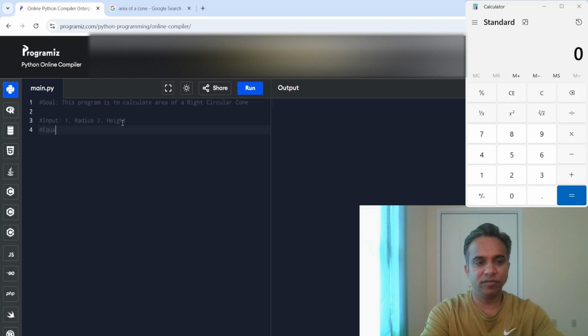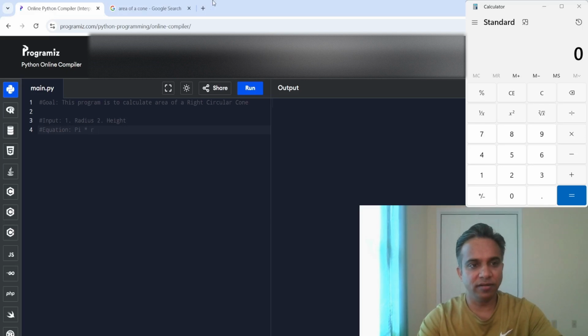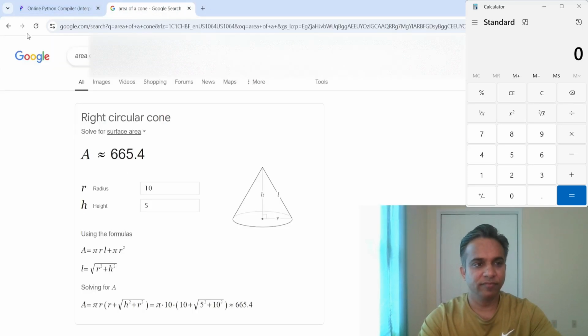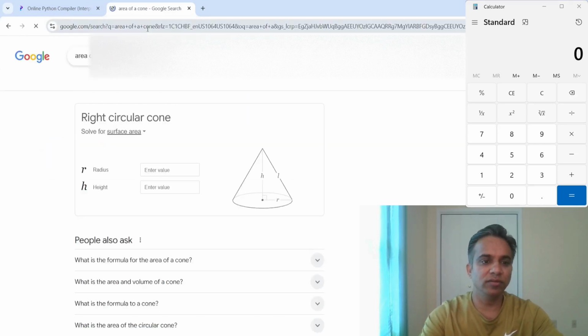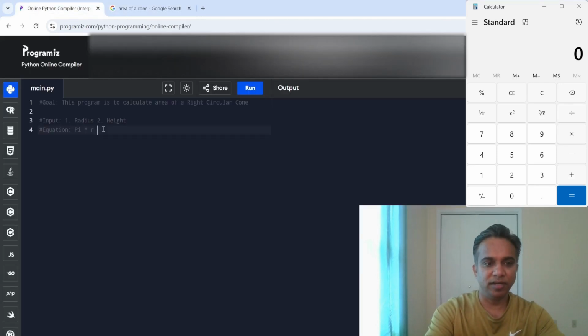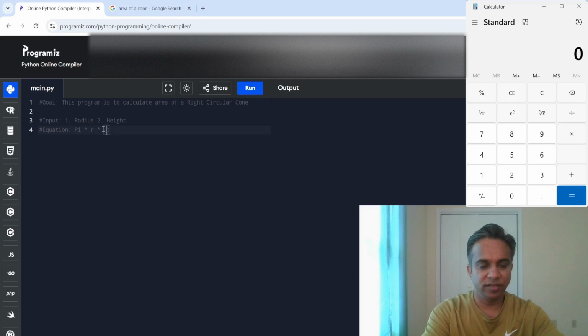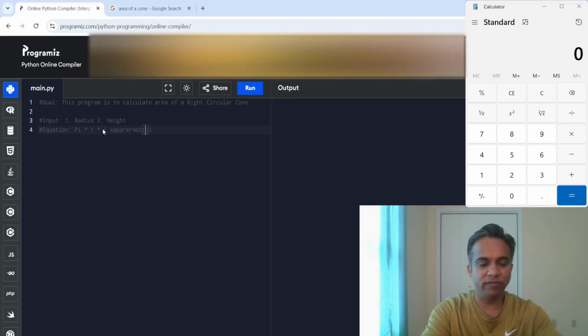What is going to be the equation? If we were to write it, it is nothing but pi multiplied by r. We get the area of a cone. The equation is pi r multiplied by r plus square root of h square plus r square.